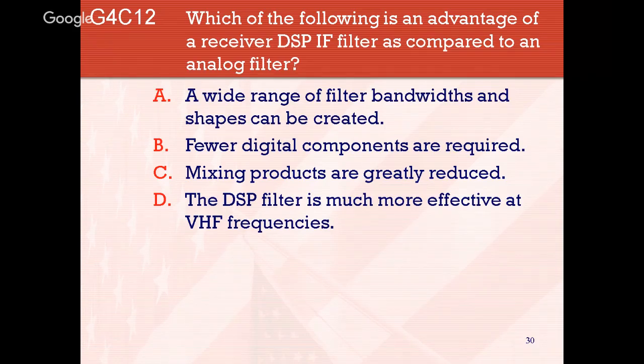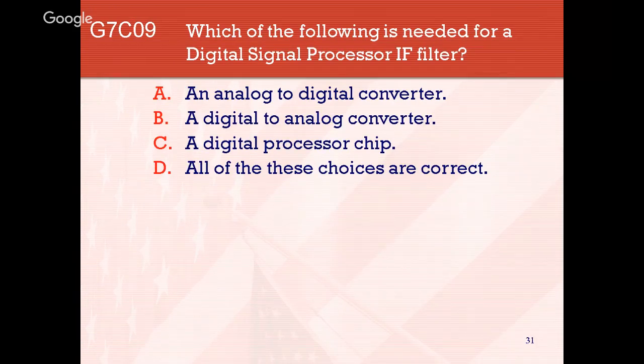It doesn't mean fewer digital components are required or that mixing products are greatly reduced, or that the DSP filter is much more effective at VHF frequencies. So B, C, and D are ridiculous answers in my opinion. The only thing that really makes sense is you get a wide range of filter bandwidths and shapes that can be created. That's your advantage of your DSP IF receive filter.